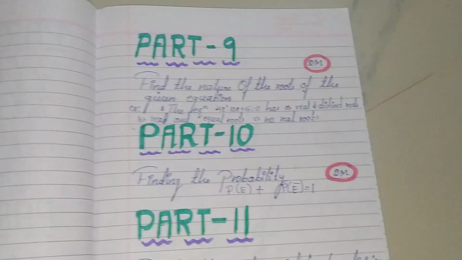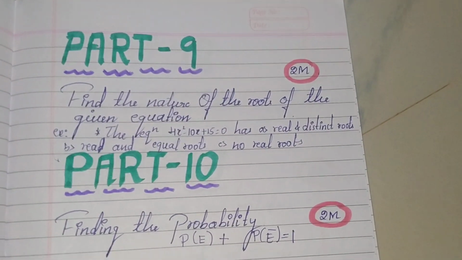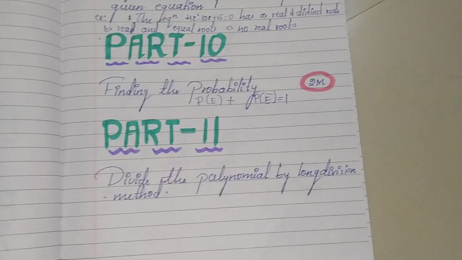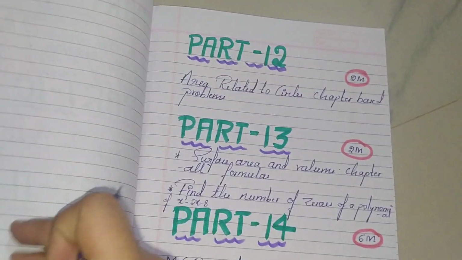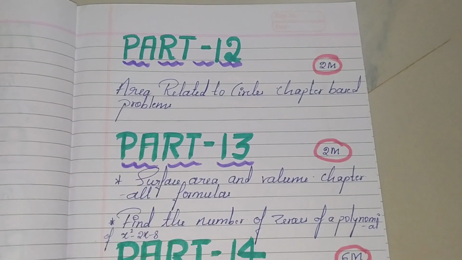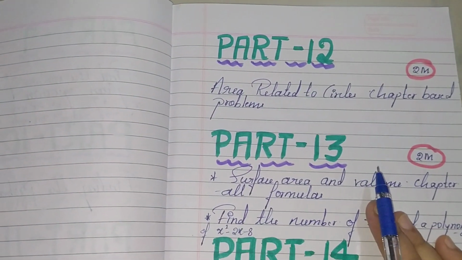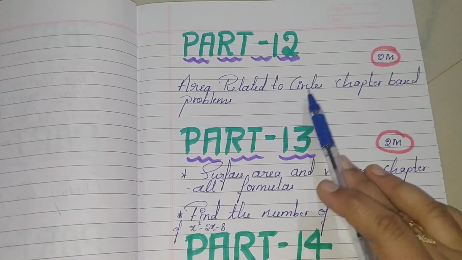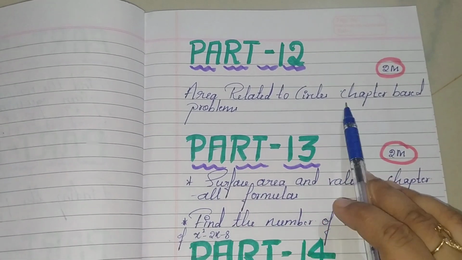Now the next thing is part 12. Before going to part 12, just take a glance at part 9, part 10, part 11. From part 12, area related to circles chapter based problems.